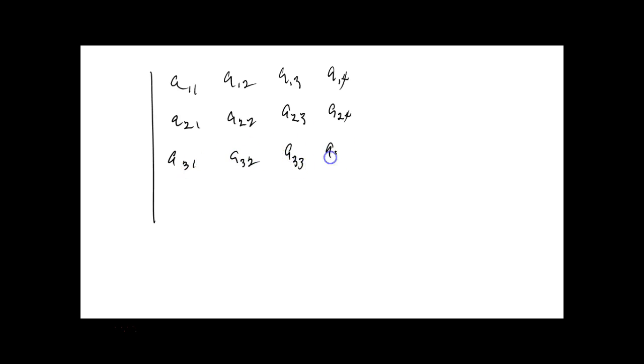So let's say we had a11, a12, a13, a14, a21, a22, a23, a24, a31, a32, a33, a34, a41, a42, a43, and a44.